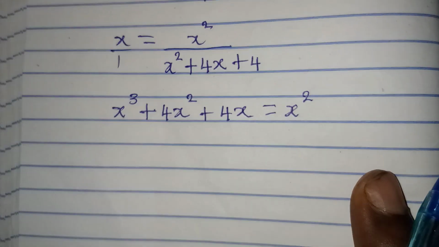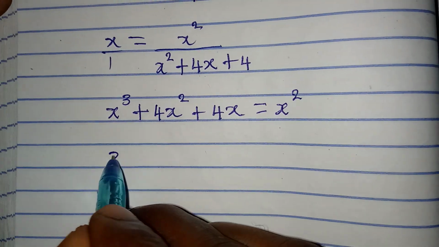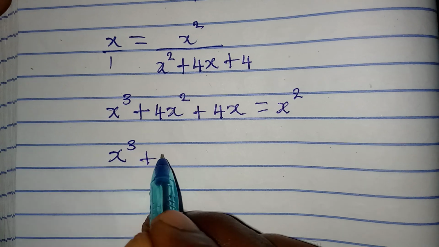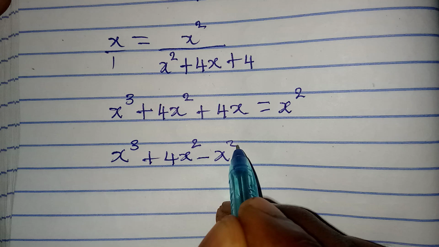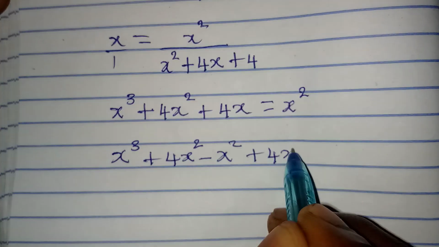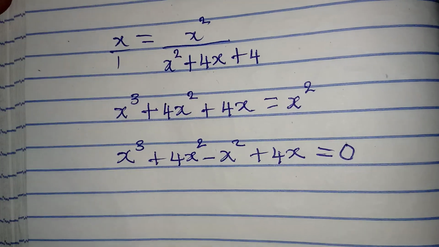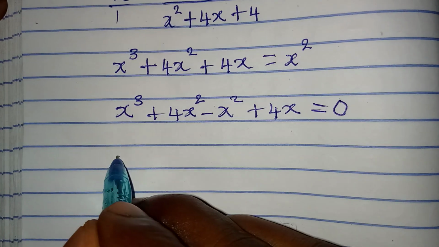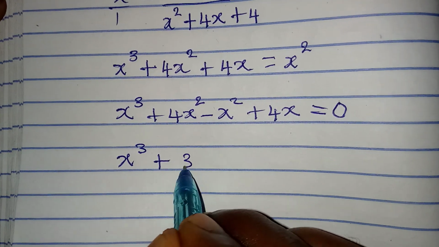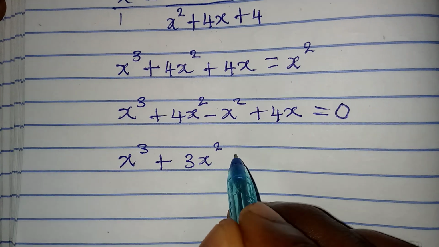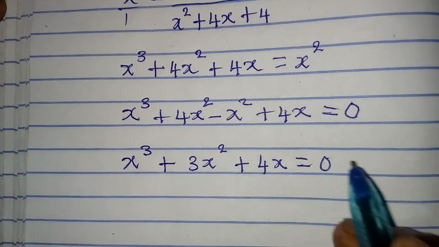Now, the next thing to be done is to collect like terms, right? So that I have x to the power of 3 plus 4x squared minus x squared plus 4x equals 0. And then from here we have x to the power of 3 plus 3x squared plus 4x equals 0.